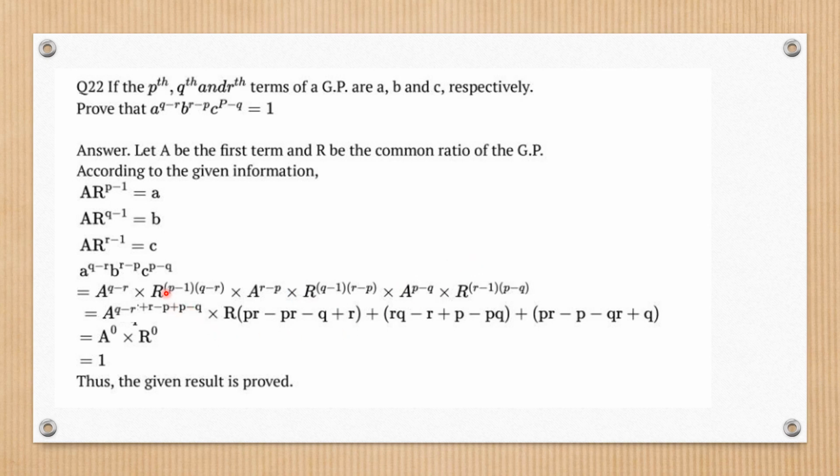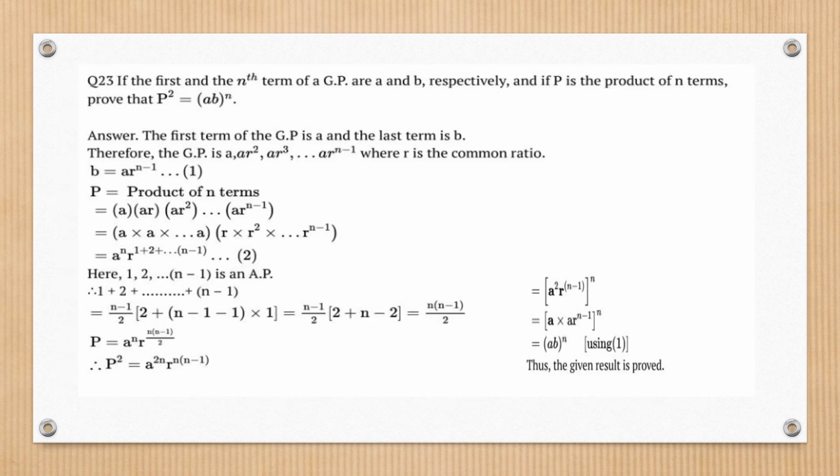When you add up the powers, you will find that the power of A comes out to be 0. Similarly for R, you have to open all the brackets and multiply the factors, and the sum turns out to be 0. So we get A raised to power 0 into R raised to power 0, which is equal to 1, and that was our required condition to be proved.